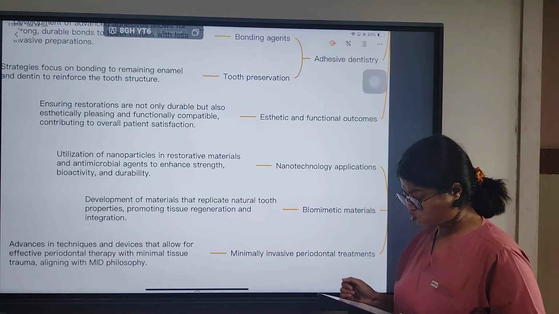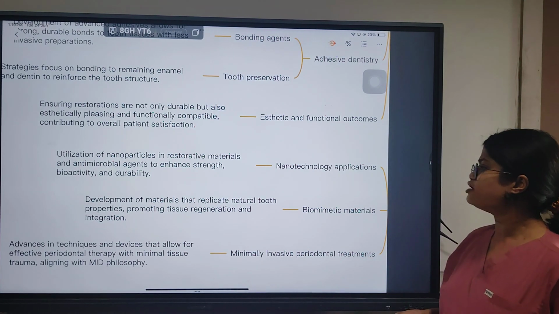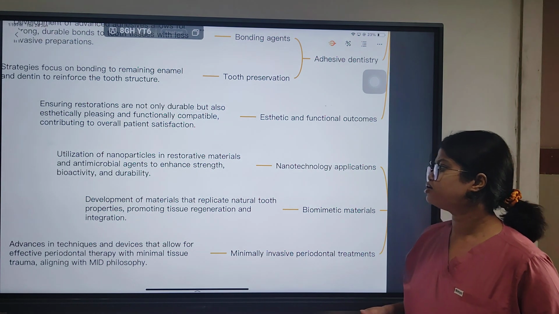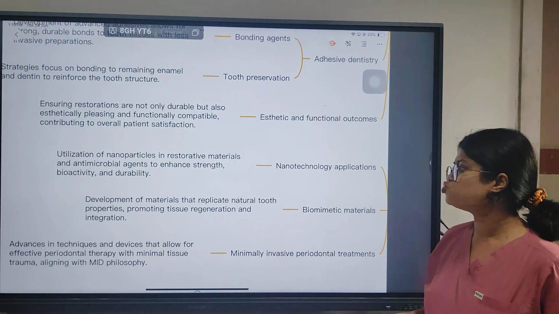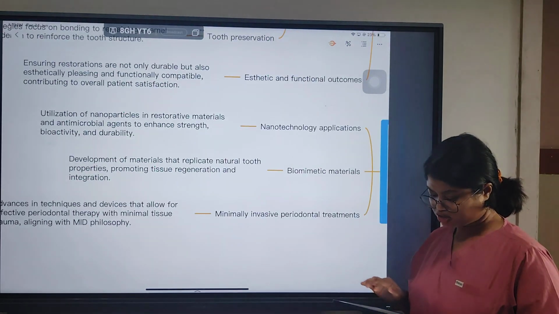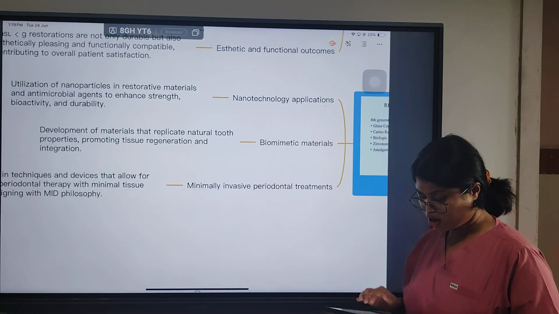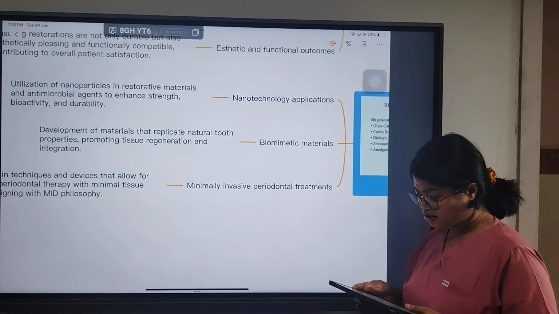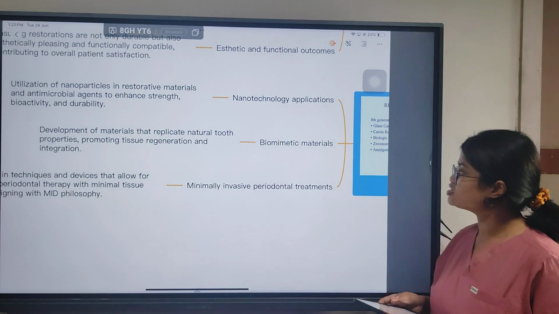When we come to nanotech applications, we can utilize nanoparticles in restorative dentistry for developing antimicrobial agents to enhance the strength, bioactivity and durability of the substances that we are synthesizing, so that it helps in caries removal and also helps in caries risk assessment.